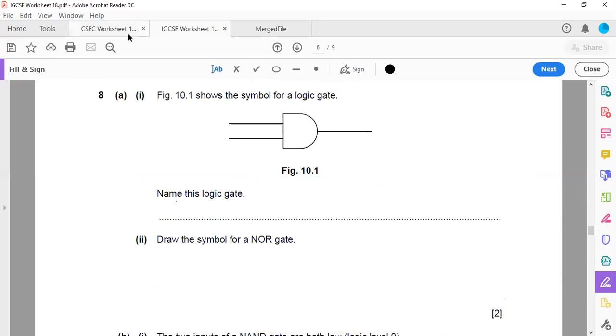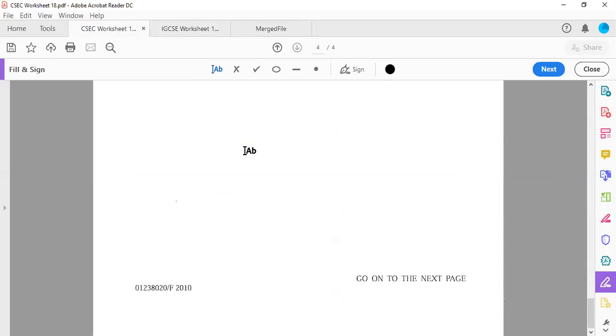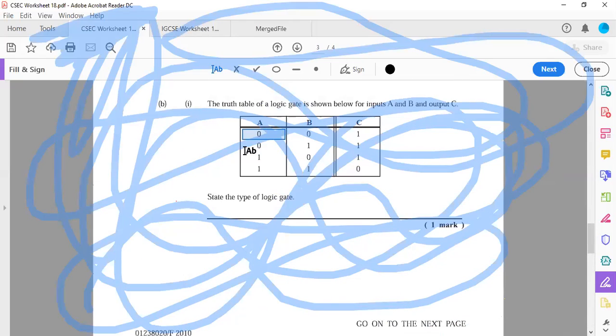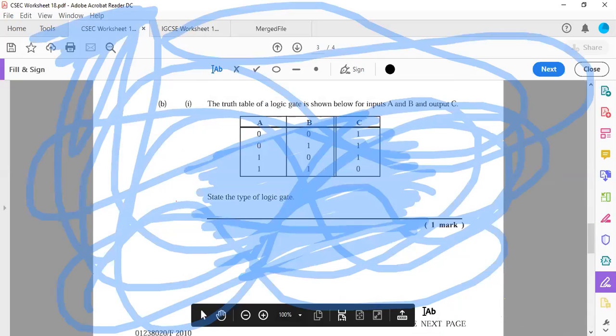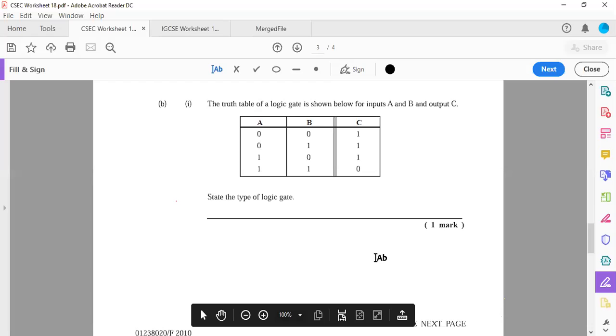So we're moving on now to number 6. We work on IGCSE, CXC. This was a 2010 paper. For the IGCSE students, we are following up with this.